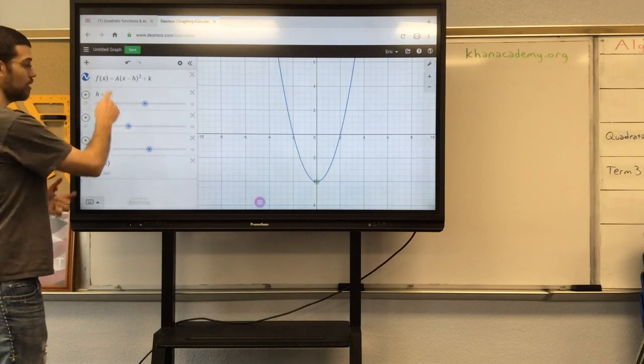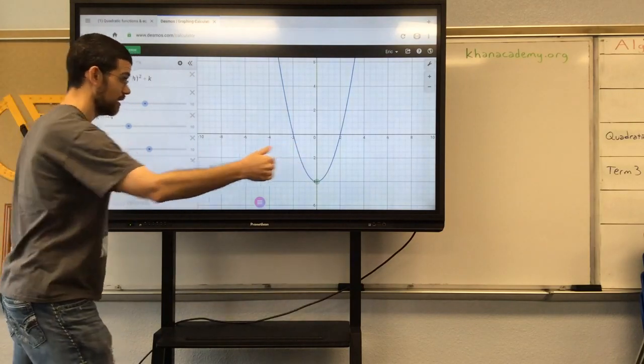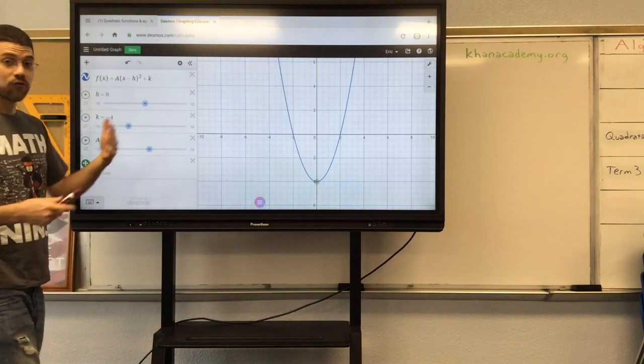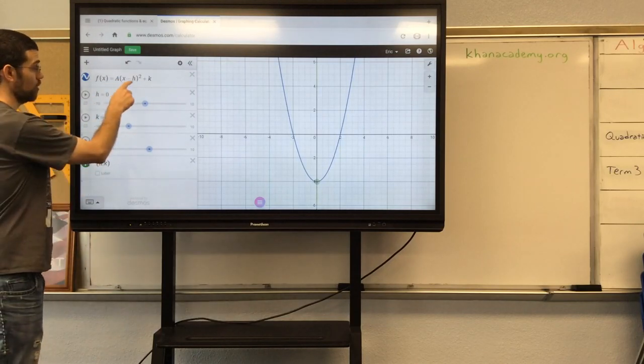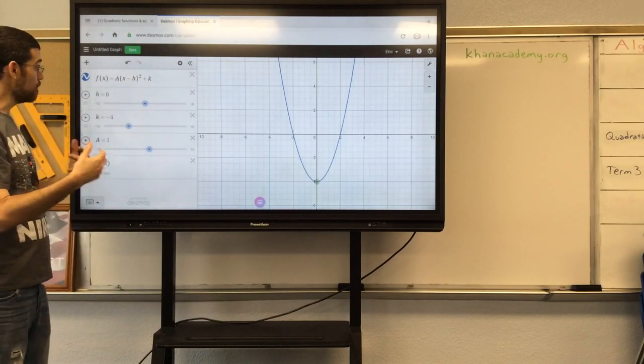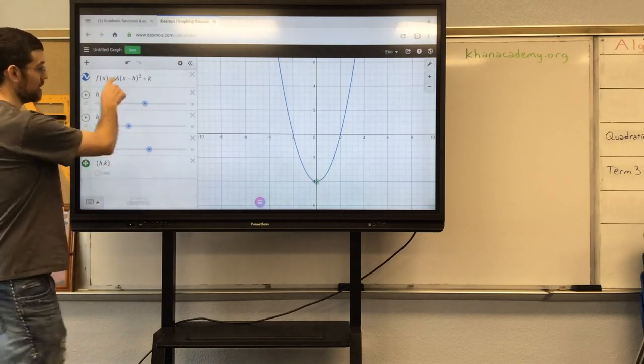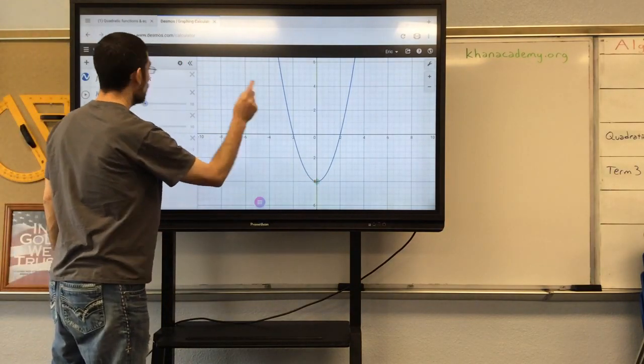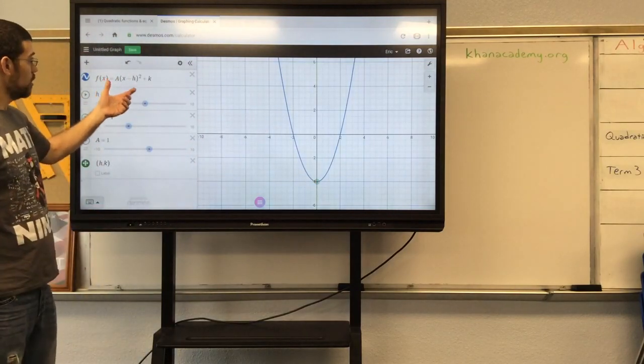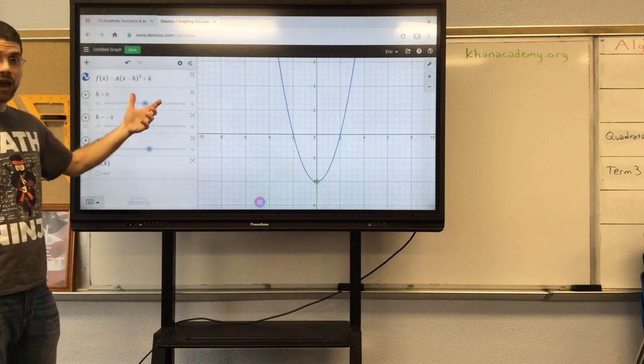Now, if we want to translate in the x direction, it follows that we would want to alter what our input value is. In the parent function, if x is 0, then we got a y value out of that.